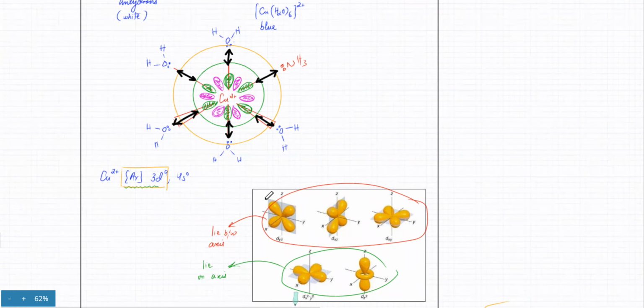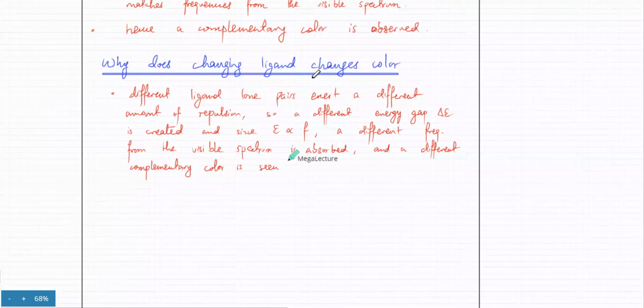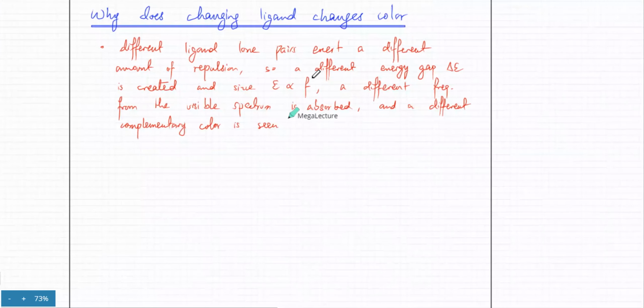So a lot of times the changes in color could be very gradual or slight, especially when it comes to OH, water or NH3. The colors are not going to change that drastically. There's going to be some difference, but not that huge a difference. But hopefully you get the point that changing the ligands would change the color of the complexes.